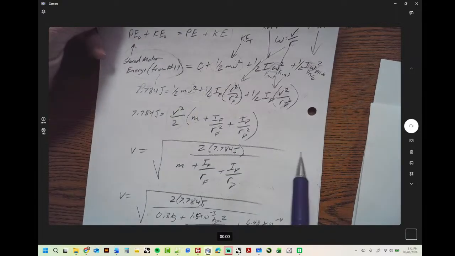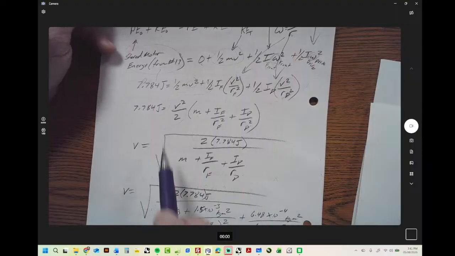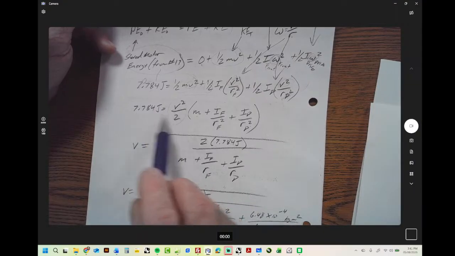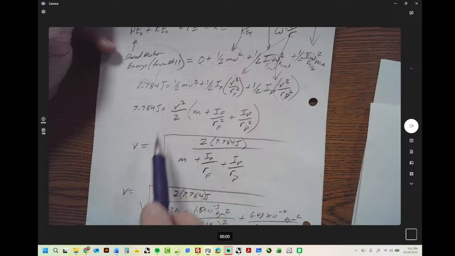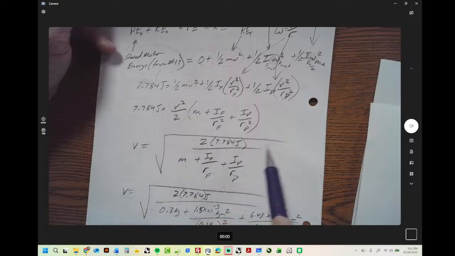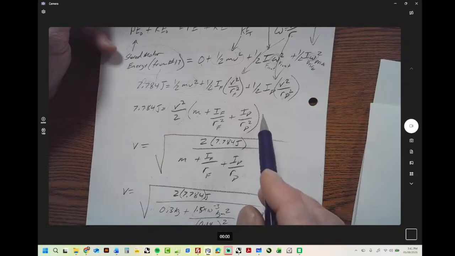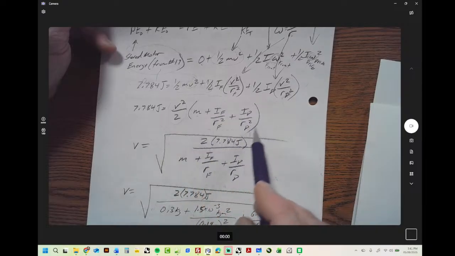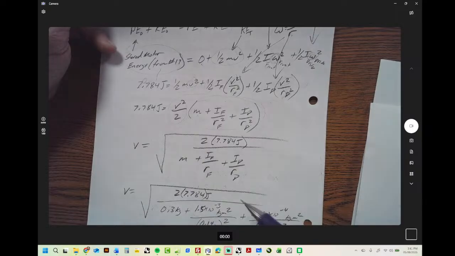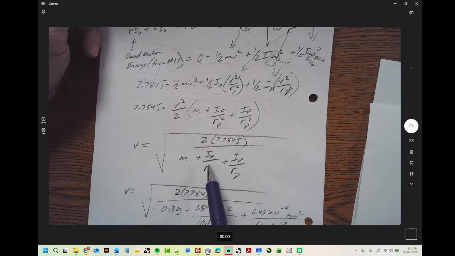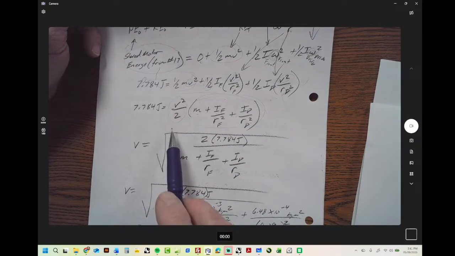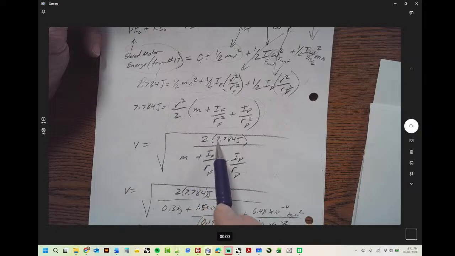And what did I do here? I multiplied both sides by 2 times this, and then I divided both sides by all this, and then I took the square root of both sides. So I did 3 steps here. When I multiply both sides by 2, I get on the left side 2 times that.